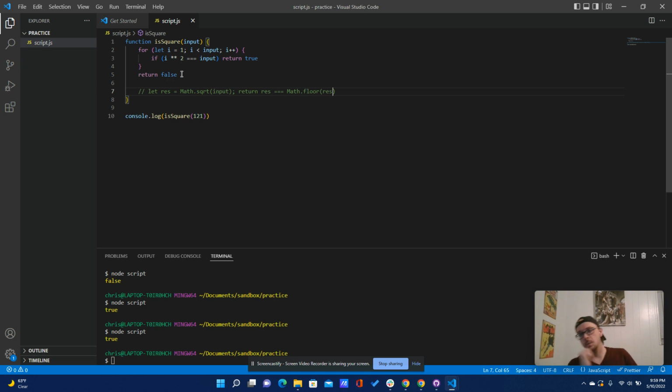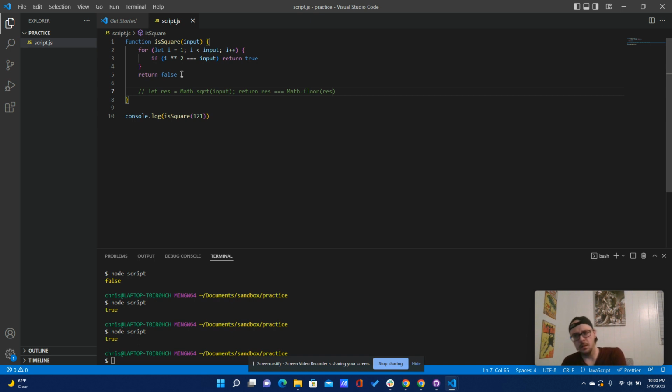In that case, what that would do is you're rounding down. If it's already an integer value, it's just going to end up being the same. And if it's not an integer value, right, it's going to come back false. You could do something like that, obviously.